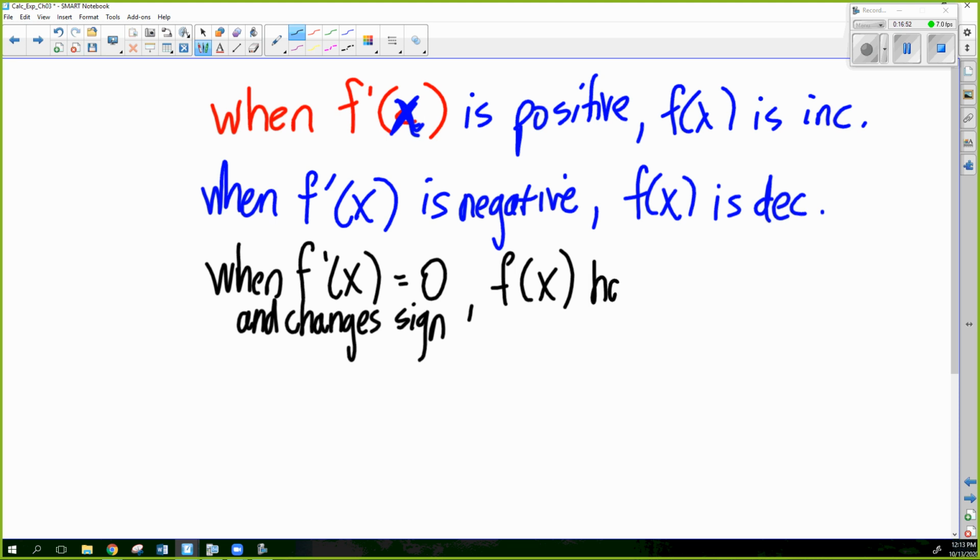F of x has a relative, we're going to use real math words here, extrema. Extrema is the plural word for a max or a min. Now, there's a specific time when it's a max, and there's a specific time when it's a minimum.